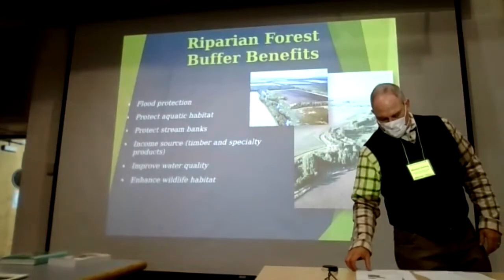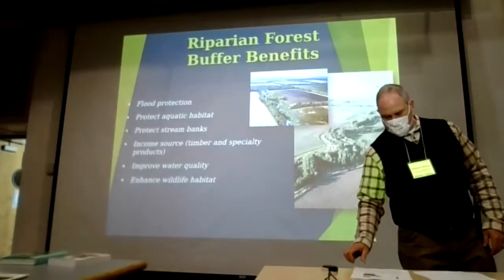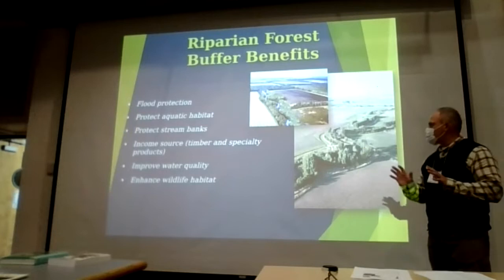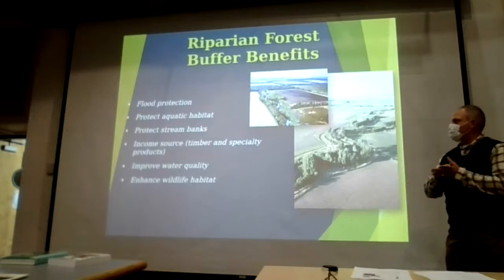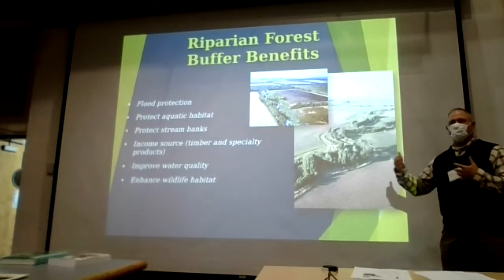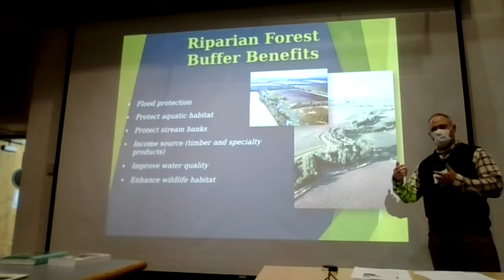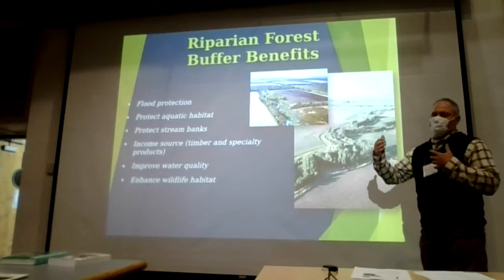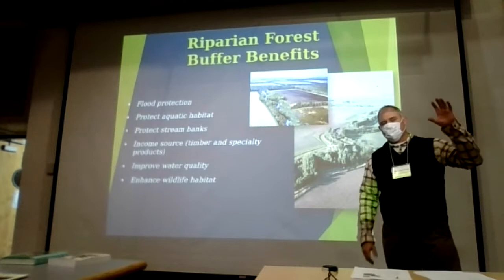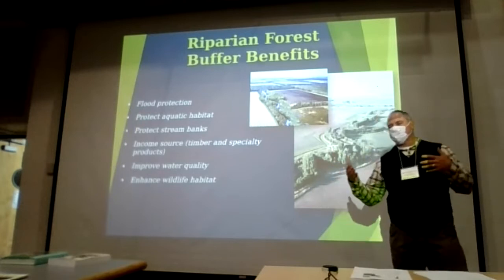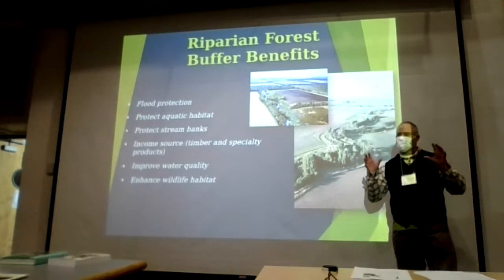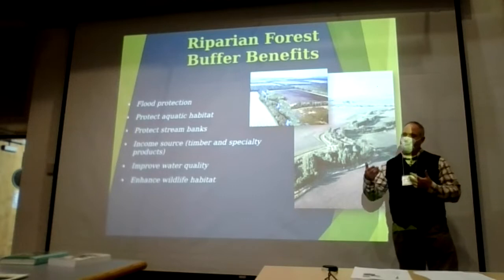So I'm going to throw a little bit of some terminology that you may or may not be aware of. If you're aware of how streams are ordered, small streams are generally what we consider stream order 1 to 3 approximately. Those small streams account for about 90% of the length in a watershed.